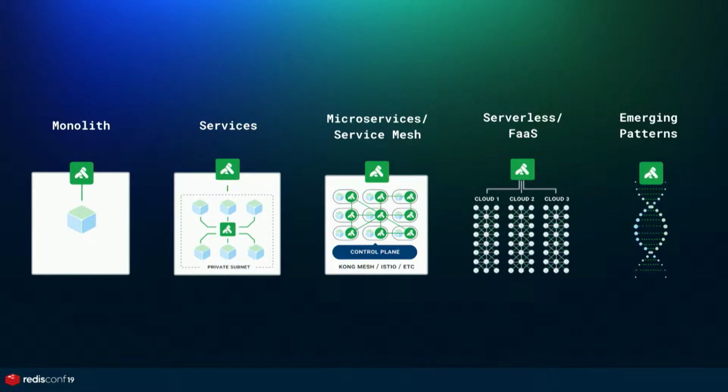What Kong does is help developers discover services, extend them, protect them, and consume them. In fact, we deliver what we call a service control platform, which can keep developers on top of a lot of moving parts and different architecture patterns.